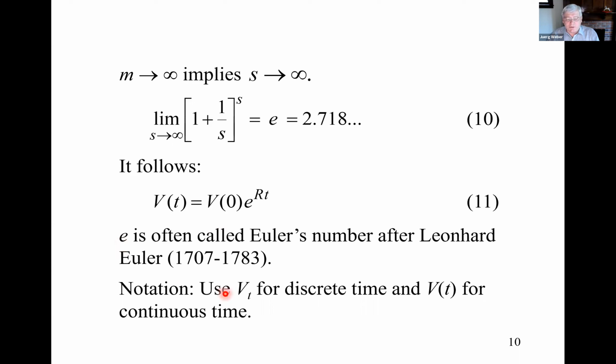Now, notation. When things grow continuously every second and faster, you should actually use those big brackets here, as with functions. So that's a capital at time 0, that's a capital at time t. Now, when things grow in discrete time, then you should take a subscript.